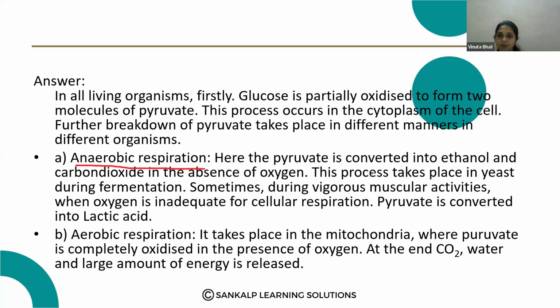Anaerobic respiration, in the case of yeast: the pyruvate is converted into ethanol and carbon dioxide in the absence of oxygen. In case of scarcity of oxygen, sometimes our muscles also perform anaerobic respiration, where the pyruvate is converted into lactic acid. So that is the breakdown of glucose molecules in different cells.